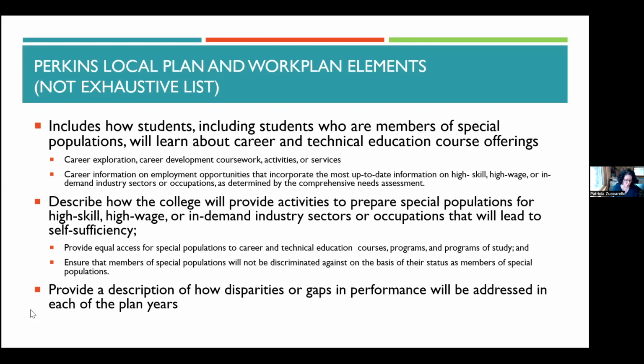How are you looking at issues of access and disparities and gaps of performance? So I feel like these again are, and you can see I put not an exhaustive list. So there are other places in the work plan or the local plan that probably also make sense. But these are just some places where you at least see a call out about special populations fitting into Perkins.